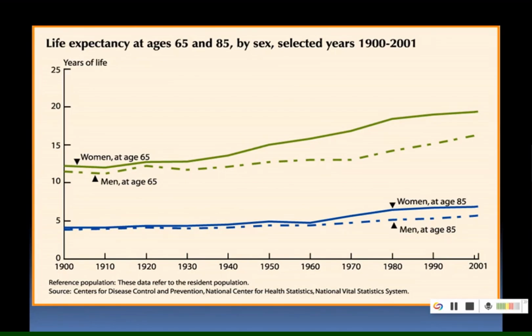I want to make an important point here: this is absolute life expectancy, until the time of death. This does not talk about functional life expectancy. Usually functional life expectancy goes hand in hand with absolute life expectancy, but there's a difference of about 2 to 3 years between the two. In other words, if your absolute life expectancy is 91, you will spend 2 years prior to your death in some form of functional disability or impairment.